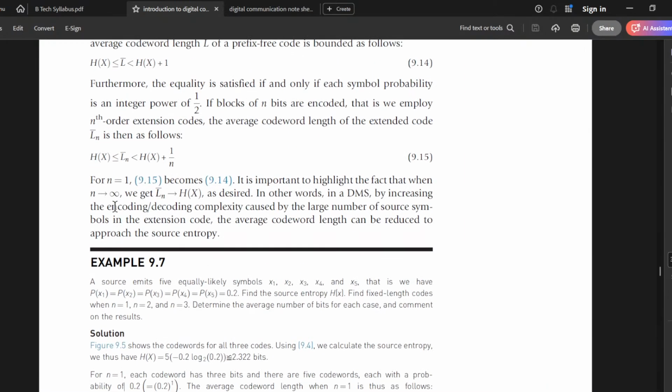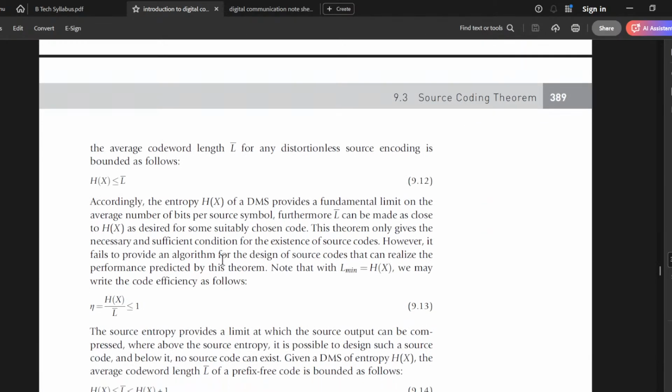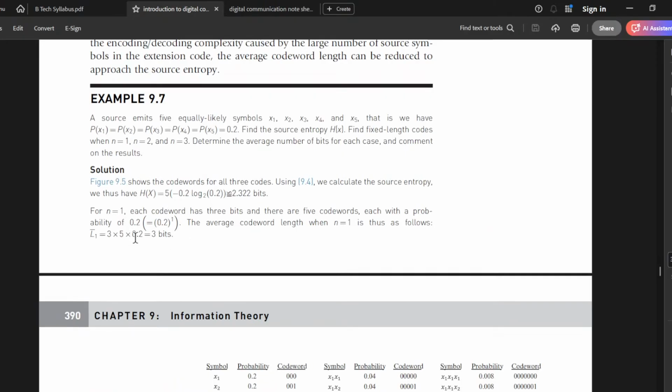Where did this 3 come from? L was just P into L, the length.